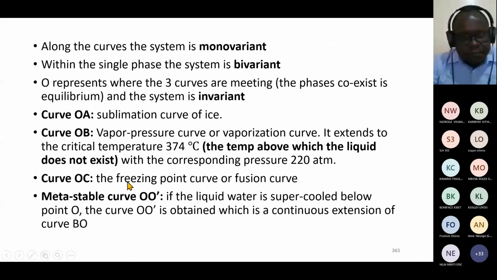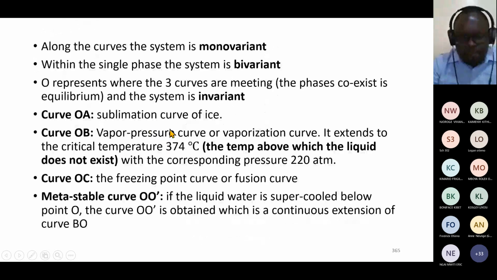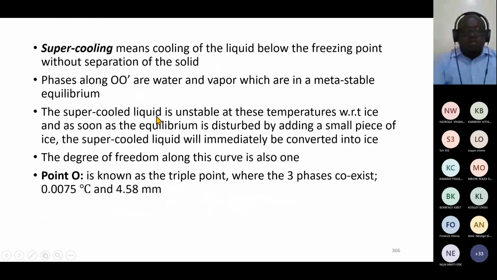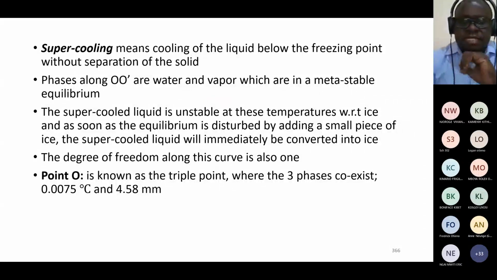So this metastable curve is obtained by extension. Essentially, we're extending this curve OB below this point O. So the phases along O prime are water and vapor. Those are the two phases that are in equilibrium, but these are in what we call a metastable equilibrium.